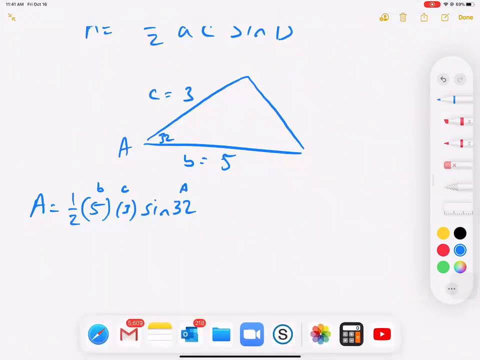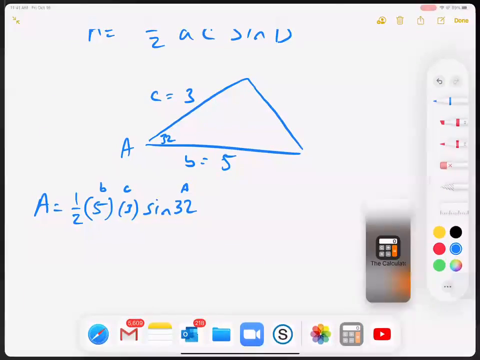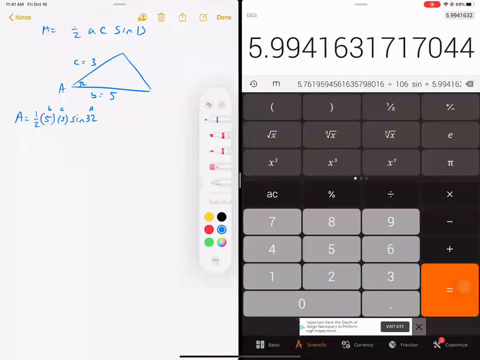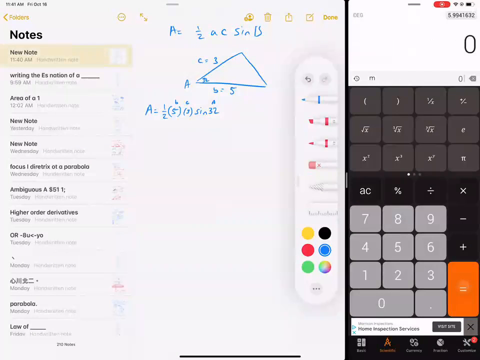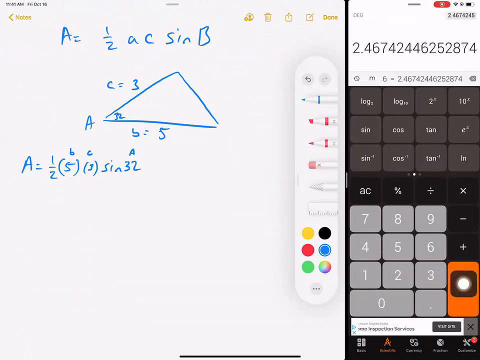Now let me show you how fast this is on the calculator. On my calculator, I'm just going to type 0.5, because that's a fast way of writing 1/2, times 5 times 3 times sine of 32, equals, and my area for this triangle is 2.4, let's round up, 2.47.